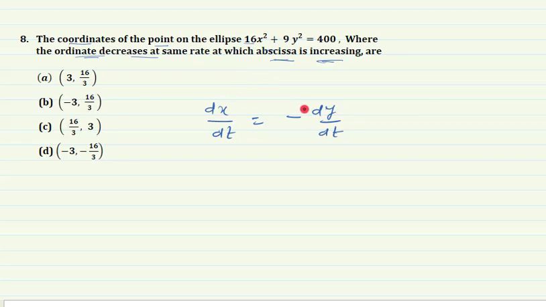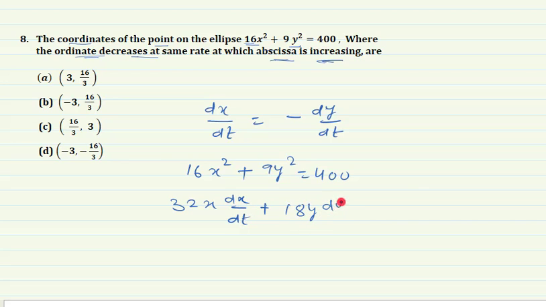Now we can use this relation by calculating the derivative of the equation of the ellipse with respect to t. The equation of the ellipse is given to us: 16x square plus 9y square is equal to 400. Clearly it is 32x dx by dt plus 18y dy by dt is equal to 0.